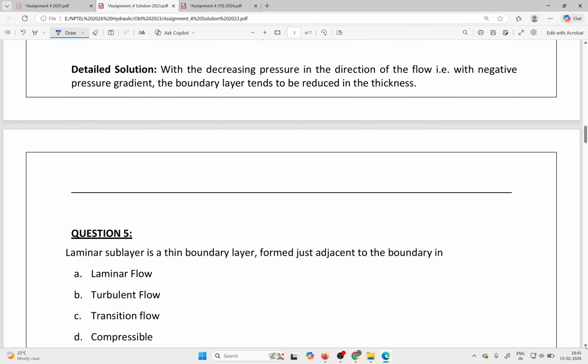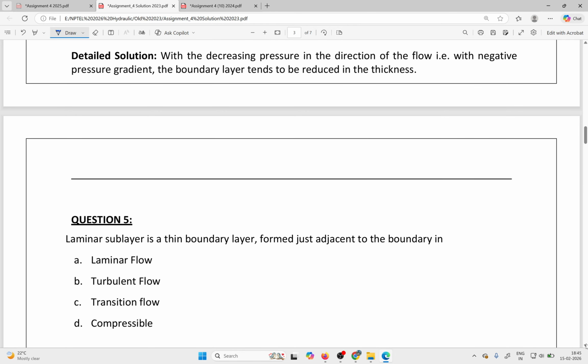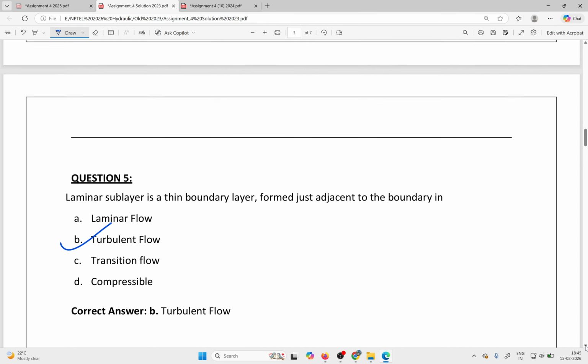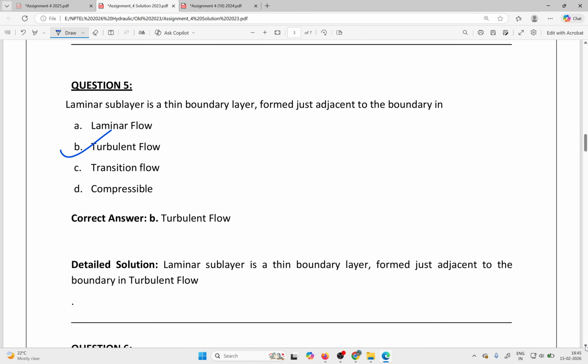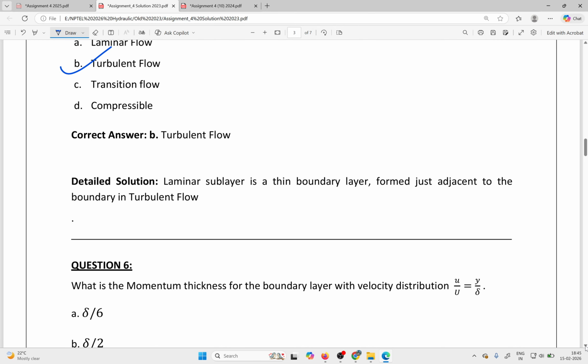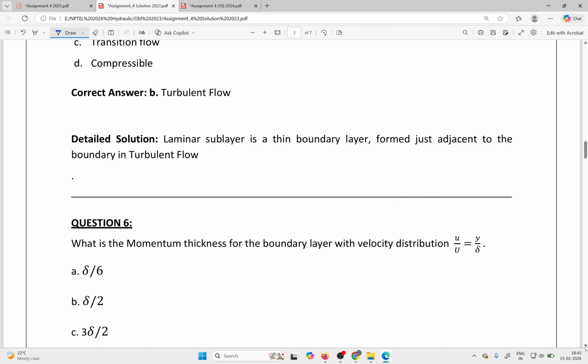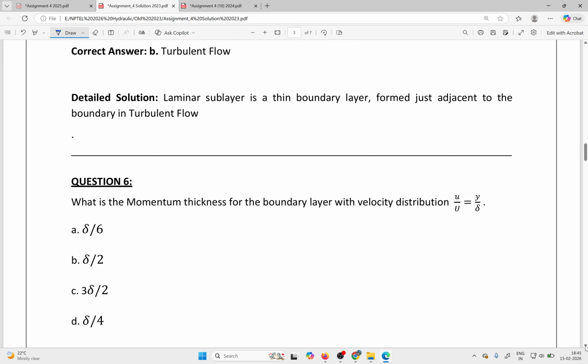Laminar sublayer is a thin boundary layer, already we have solved, which is in the turbulent flow. Laminar sublayer thickness we will see in the turbulent. Okay, next question. The momentum thickness for boundary layer with velocity distribution. So what will be the correct answer for question number 6?